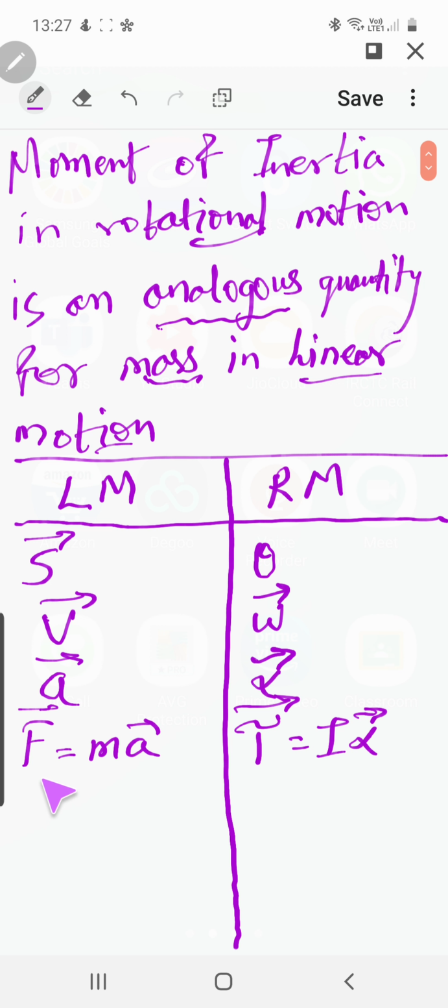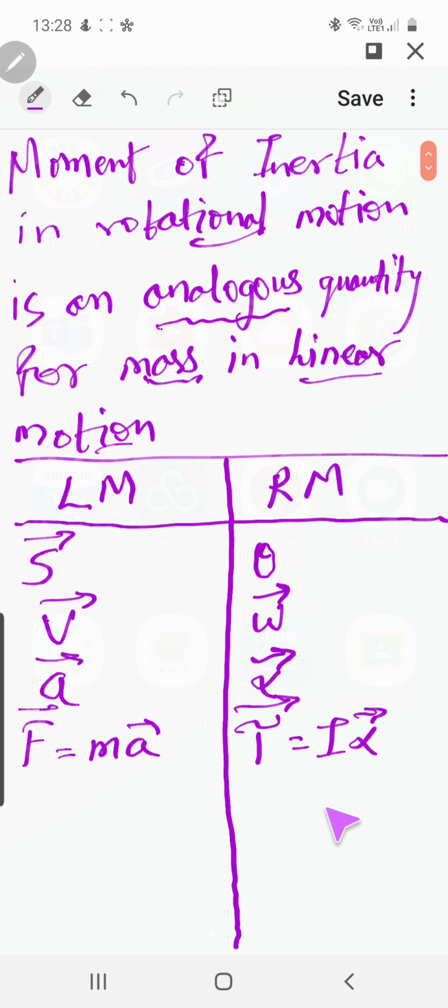In linear motion the force is given by force equal to mass into acceleration. In rotational motion, whenever we apply force to a rotating object, it is going to twist or have a circular effect on it. That's why torque is equal to I alpha.